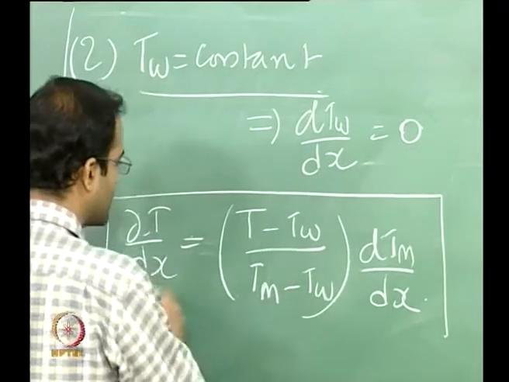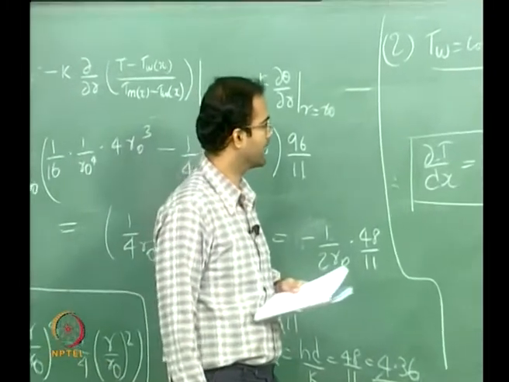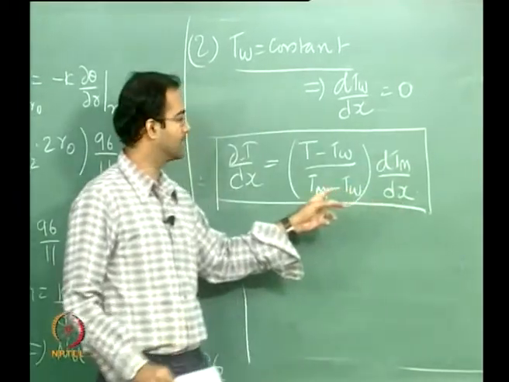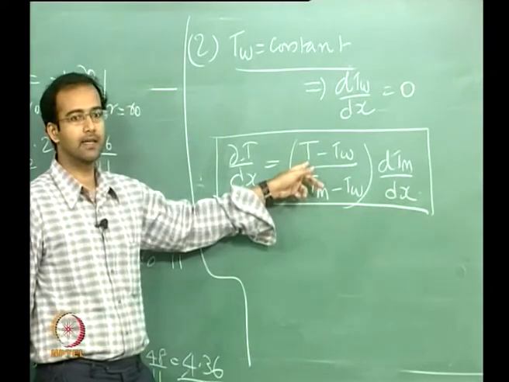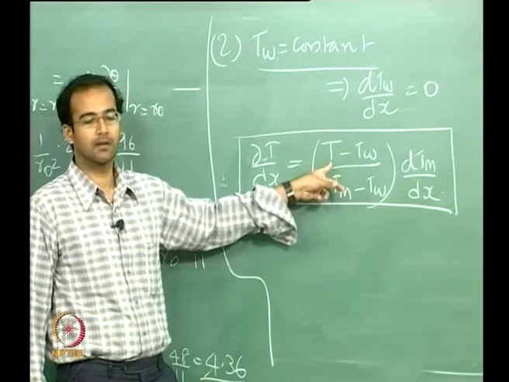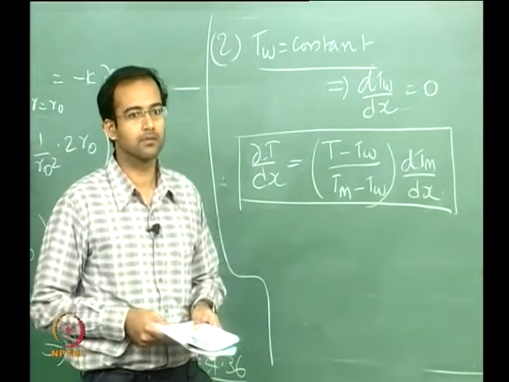So now this is your approximation for dT by dx. Of course your mean temperature is only a function of x, but this T here is a function of both x and r. Now if you substitute this into the energy equation, what happens?